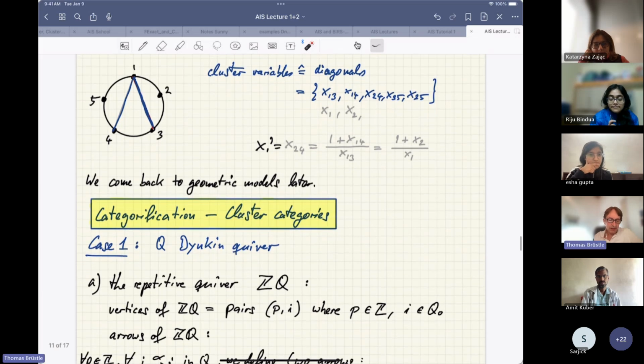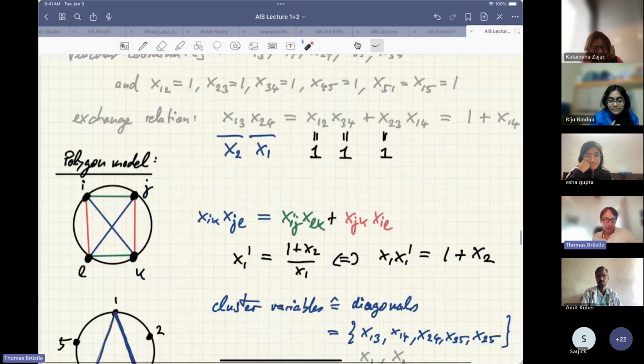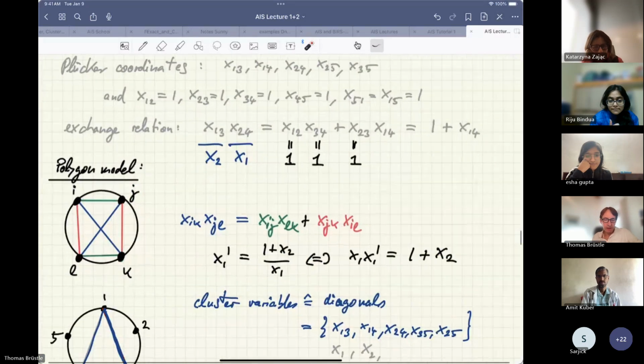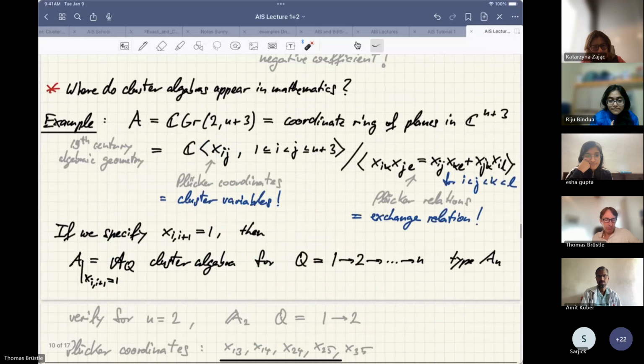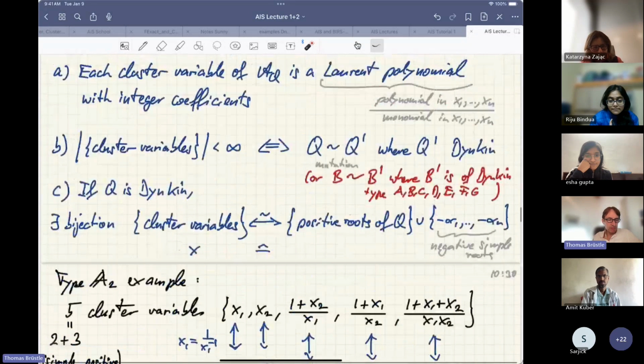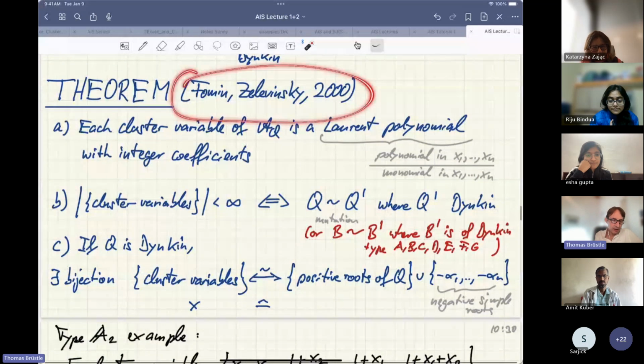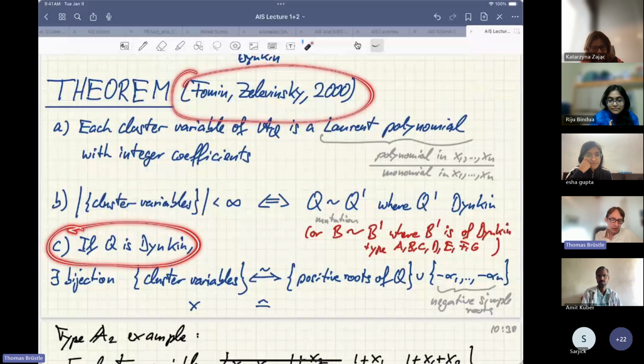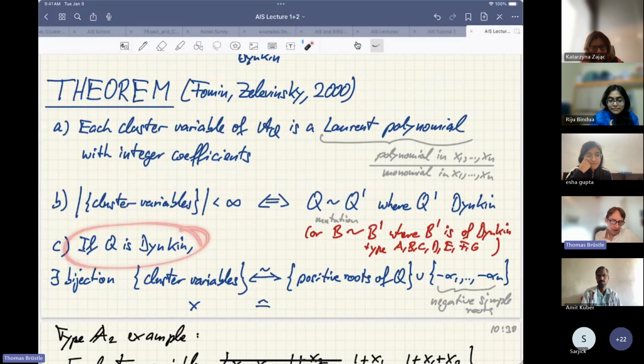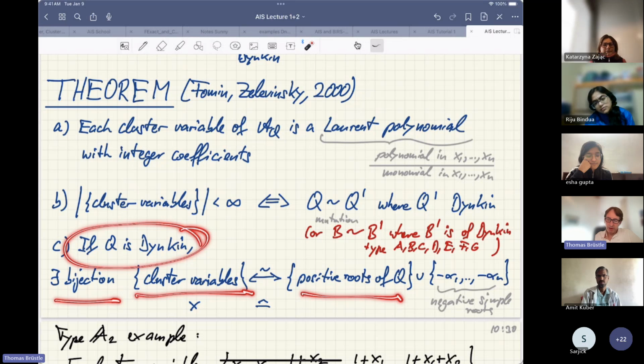The thing is that going into cluster algebras, what we see from the very first result of Fomin and Zelevinsky in part C, for the Dynkin quiver, there's a bijection between cluster variables and positive roots plus some more roots.